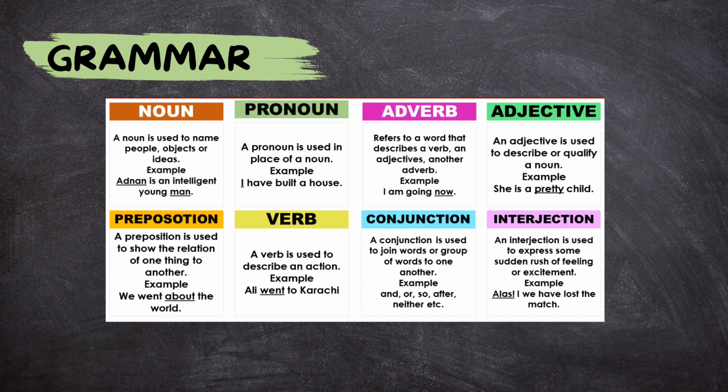Grammar. When we talk about grammar, we must take into account that grammar always involves rules. Considering this, I got for you this sentence where we are going to find the eight parts of speech.